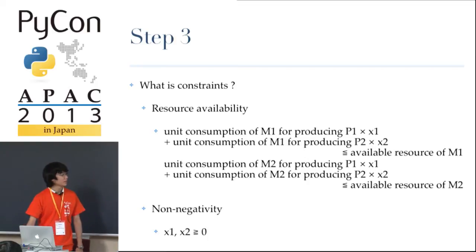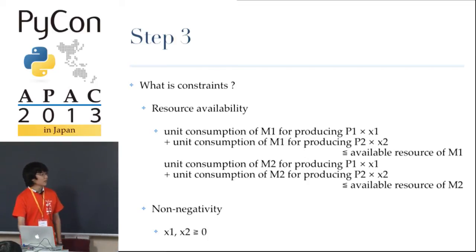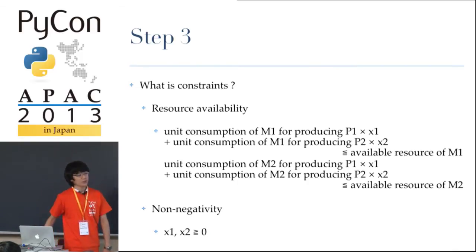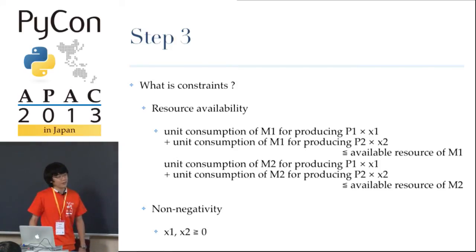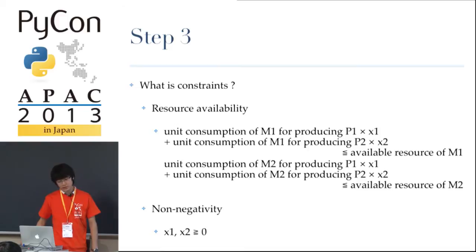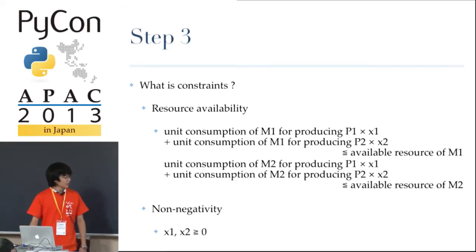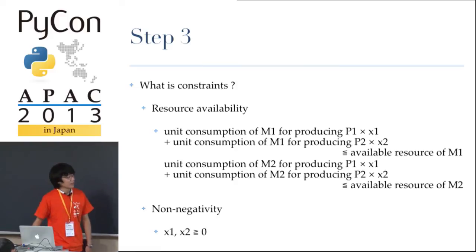Third step: what are the constraints? We only have limited resources. So the unit consumption of M1 for producing P1 times the amount of P1, plus the unit consumption of M1 for producing P2 times the amount of P2, must be less than or equal to the available resource of M1, and X1 and X2 must be non-negative.